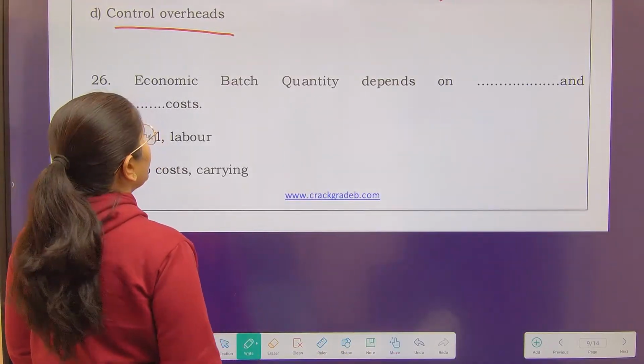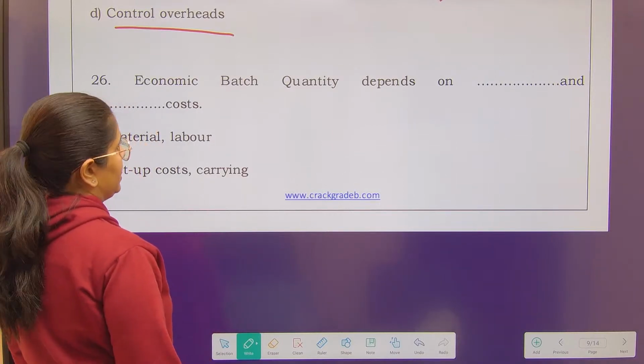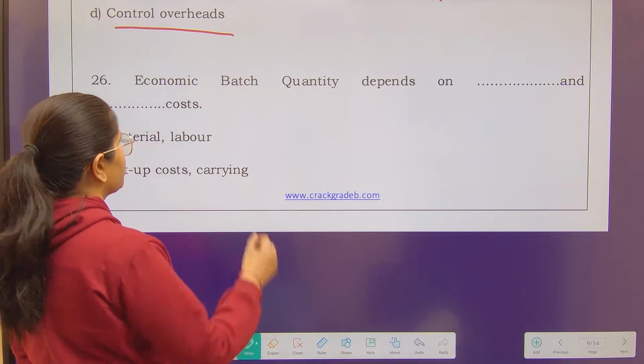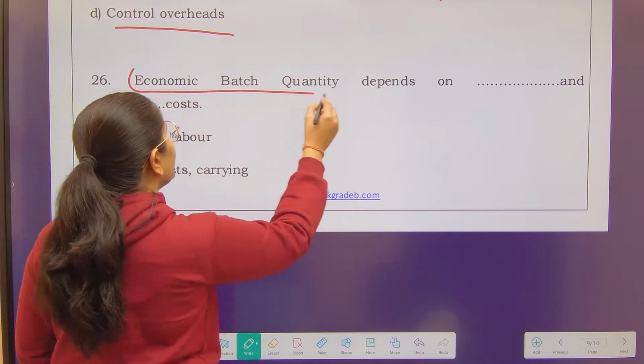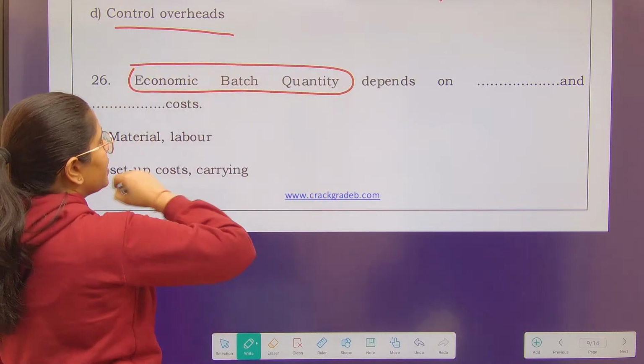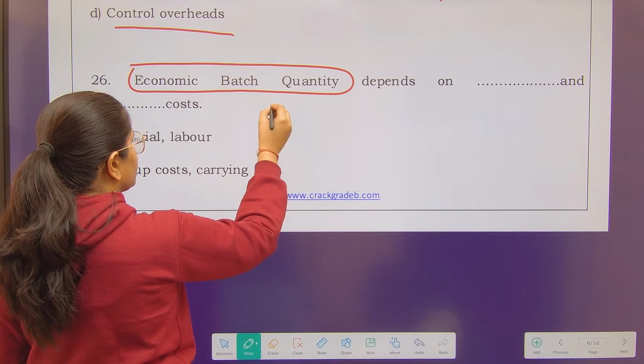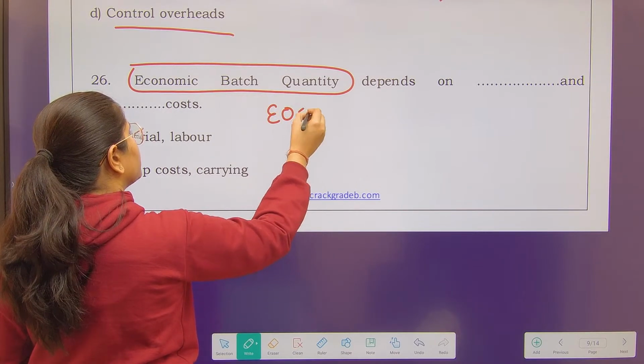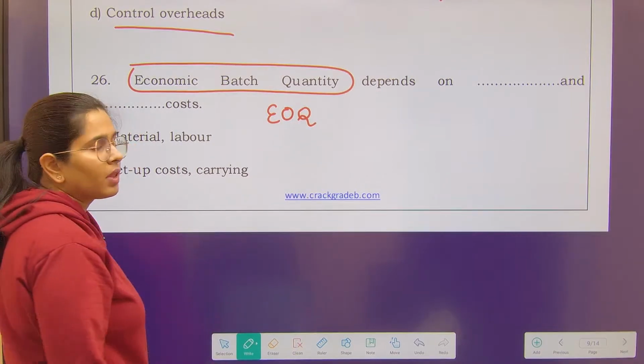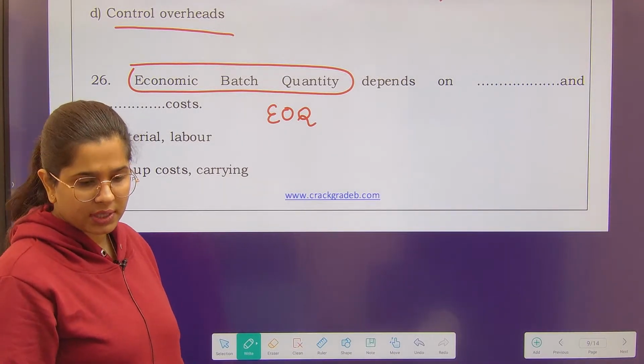Next is economic batch quantity depends on what cost. So economic batch quantity, if you remember, yesterday only I told you the concept of EOQ, economic order quantity.